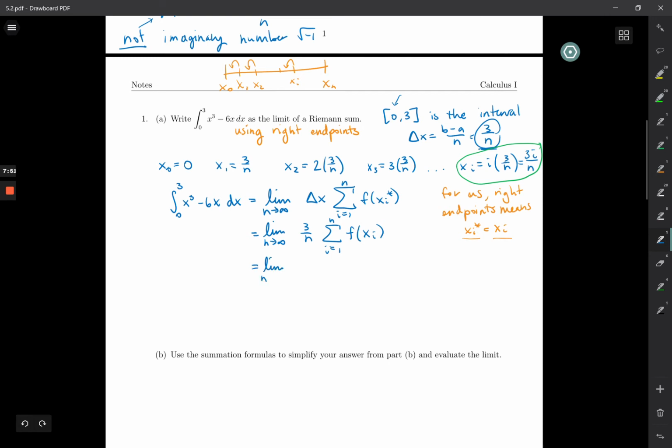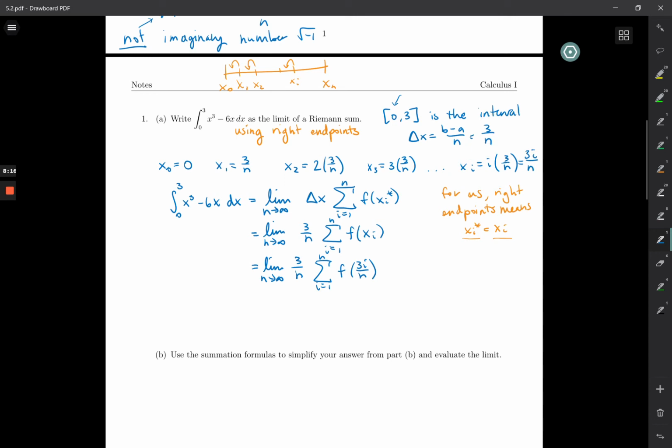Limit as n goes to infinity of f of 3i over n, right? Now we've basically plugged in everything that we found formulas for.